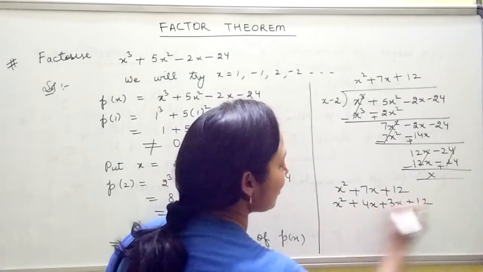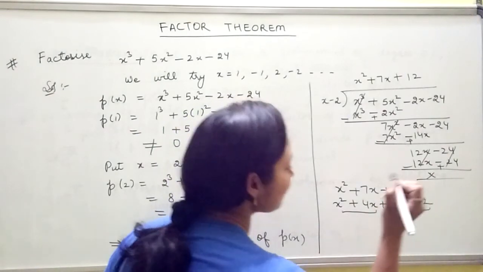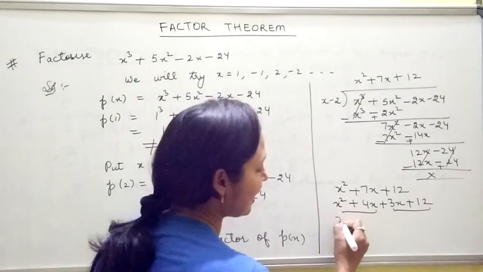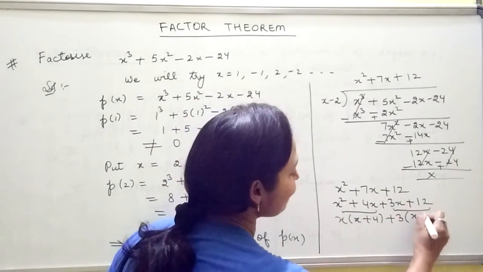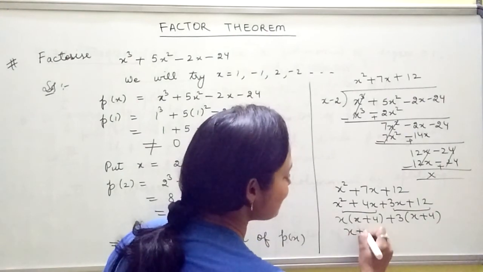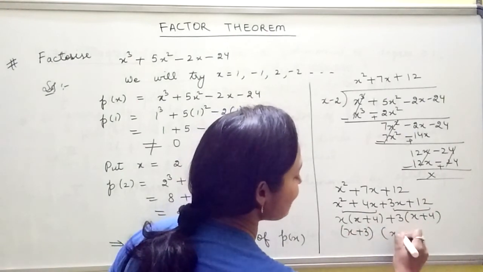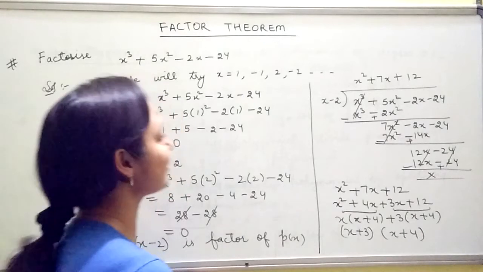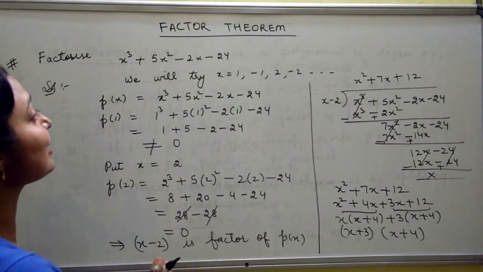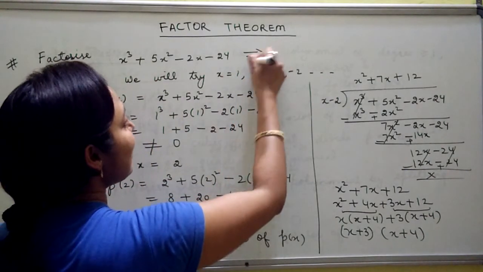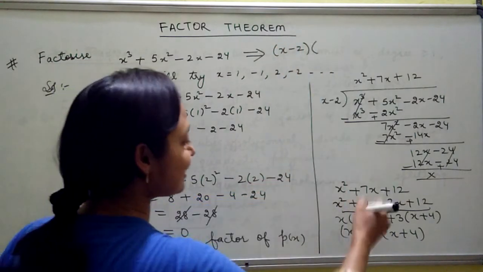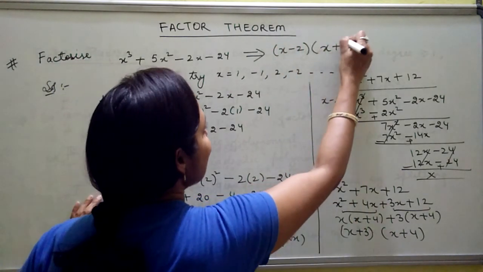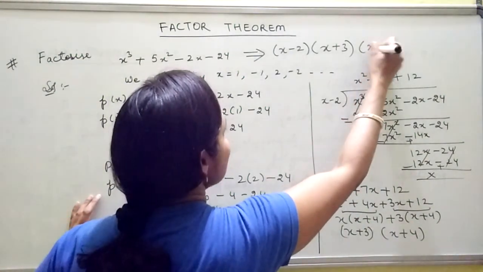Now I take the common element from two terms: x plus 4, and here we have 3 times x plus 4. So we have factors x plus 3 and x plus 4. There are 2 more factors. So that means p(x) has 3 factors. First is x minus 2, second is x plus 3 and third is x plus 4.